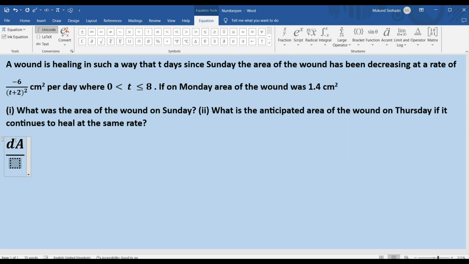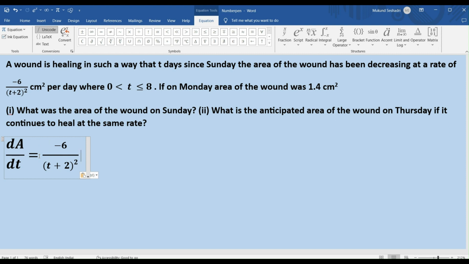I'm going to call it capital A, and the rate of change is given in centimeter square per day. So it looks like the person got injured on a Sunday, and the wound started healing from the next day, which is Monday. And why am I saying that?